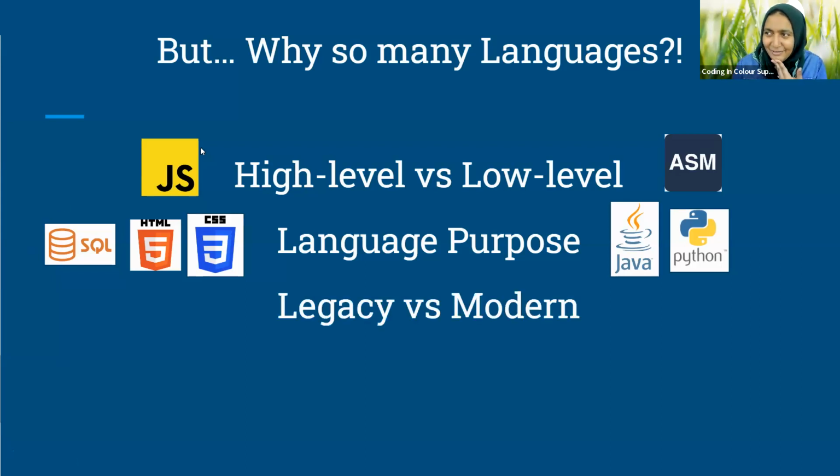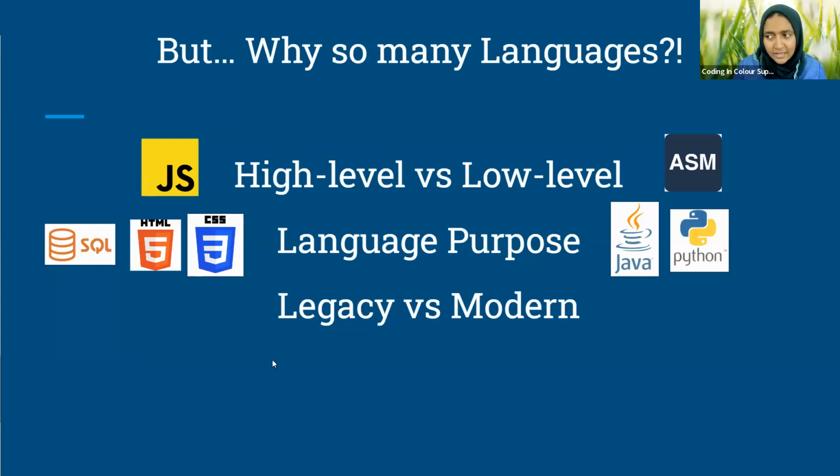All right, another reason why there's many languages is because some are legacy languages and some are more modern. So what I mean by legacy languages, they're languages that were built 20, 30 years ago. They might not have some of the functionality that more modern languages do. They're typically also lower level languages because as things got more advanced, people have started making more and more high level languages.